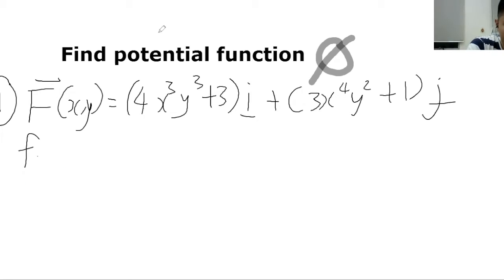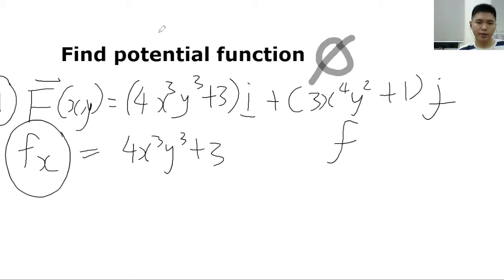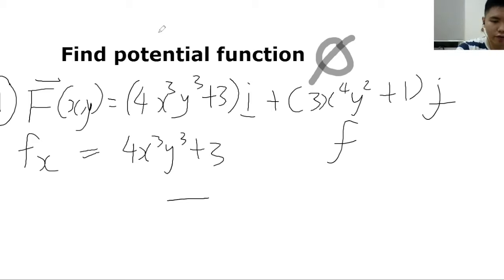So the fx, this part is on the x, is already the partial derivative with respect to x, because based on the definition, the vector field is equal to the gradient.